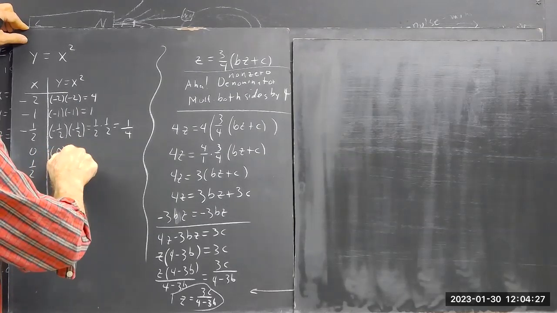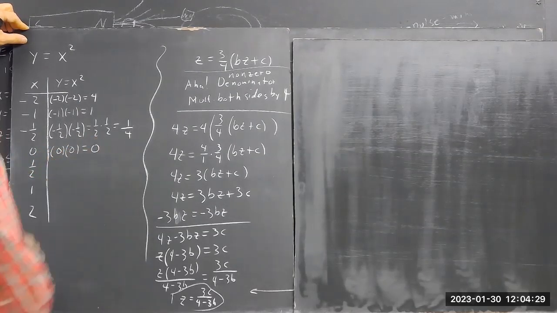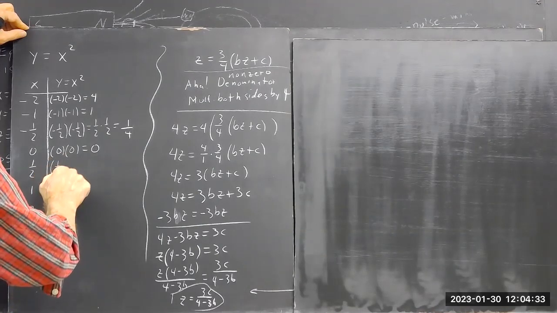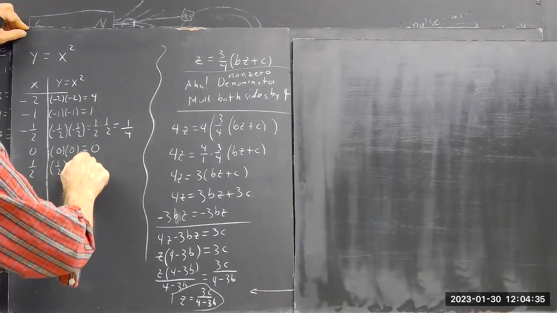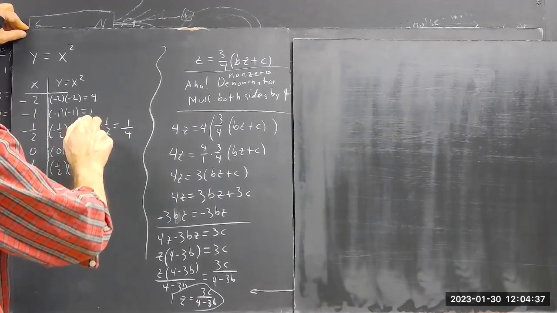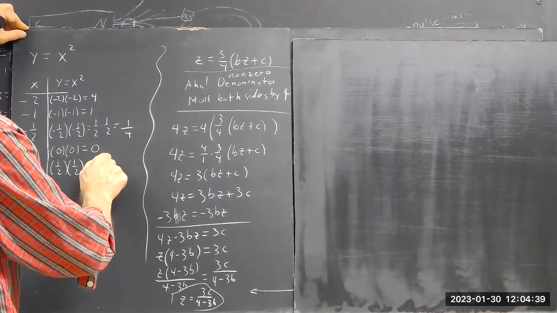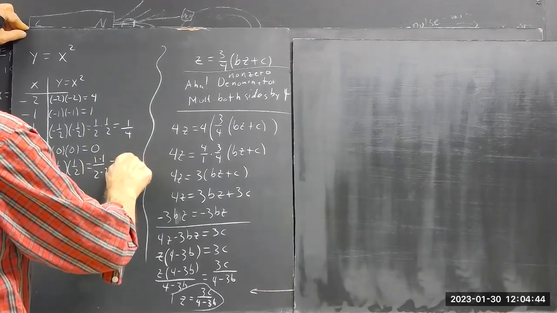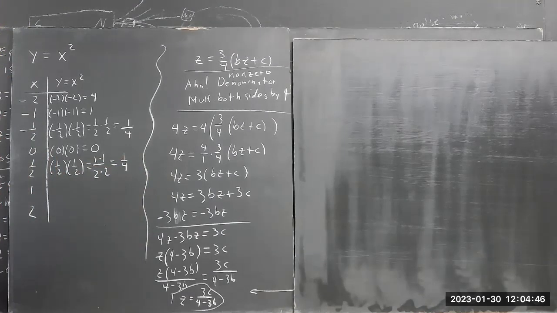0 squared is 0 times 0, and that's 0. 1/2 squared is 1/2 times 1/2. And I'll write it out even in more detail than I did here. That's 1 times 1 over 2 times 2, which is 1/4.